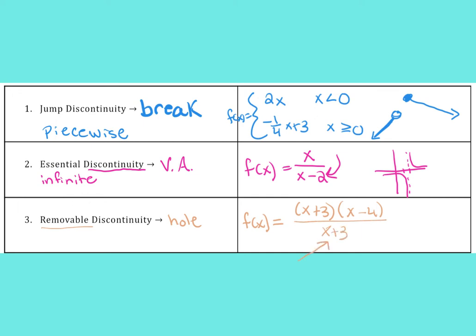So there's this restriction on the domain because of the denominator, but because the denominator can cancel, what that does is it creates a hole at x equals negative 3. So maybe we have this line here, but then at negative 3, we would have a hole.